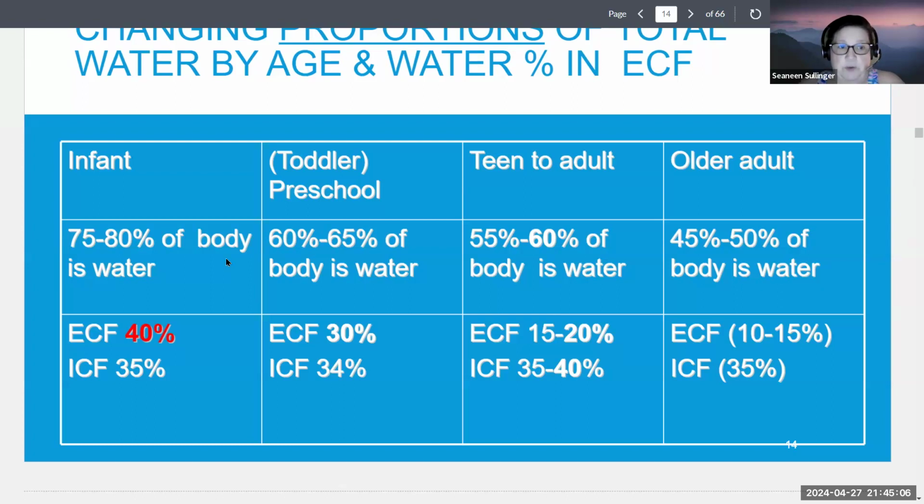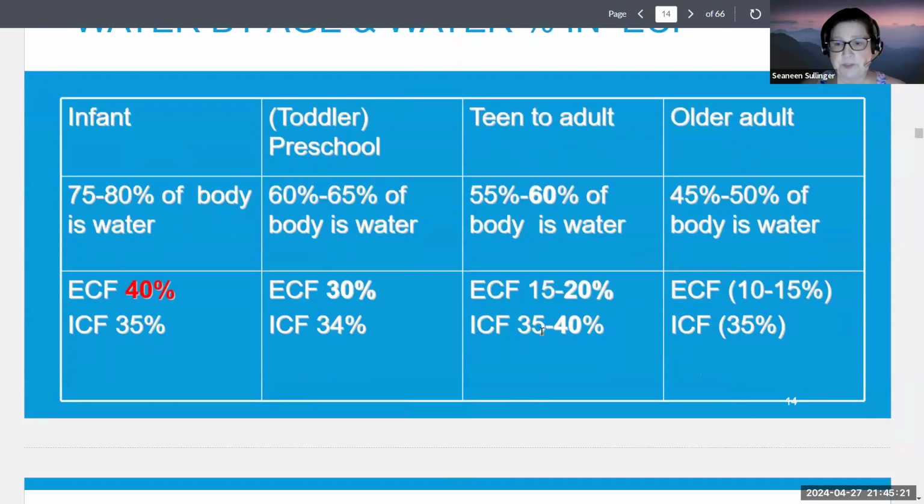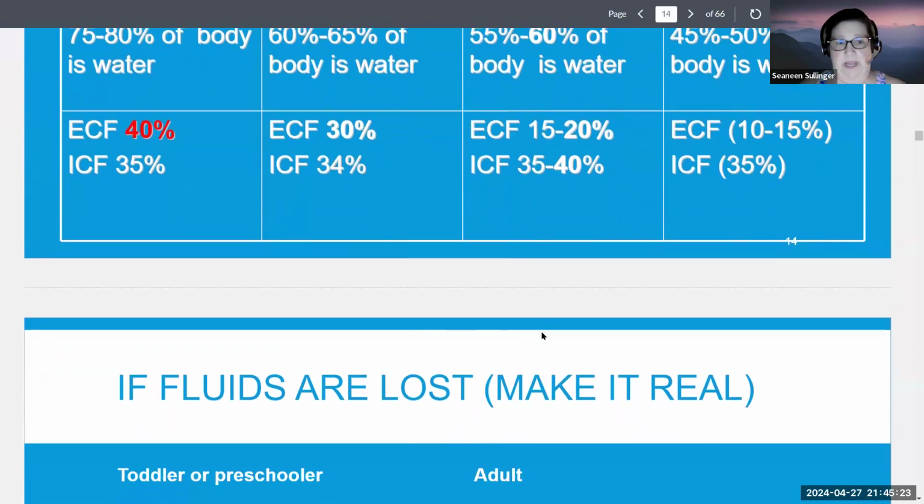The fluid is made up of intracellular and extracellular fluid. And so you can see how it changes in terms of the extracellular fluid, the plasma, being 40% in an infant and then decreasing as you age.